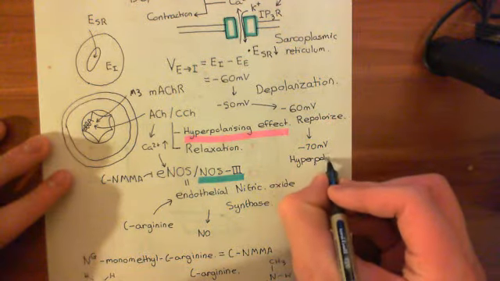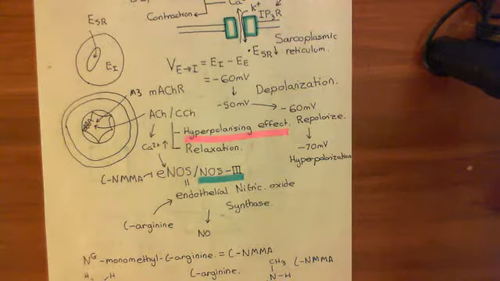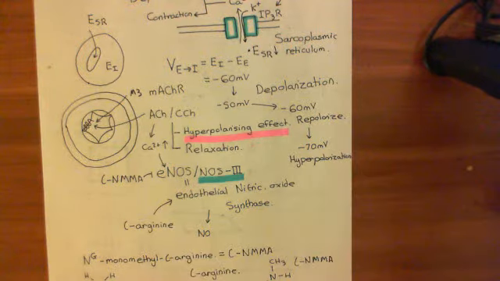Okay, so whether the hyperpolarizing effect is achieving repolarization or hyperpolarization is immaterial. Okay, right, so this appears to show that nitric oxide is important, since if we apply this nitric oxide synthase inhibitor, then you stop the hyperpolarizing effect that's triggered when we stimulate these endothelial cells with acetylcholine or carbachol.